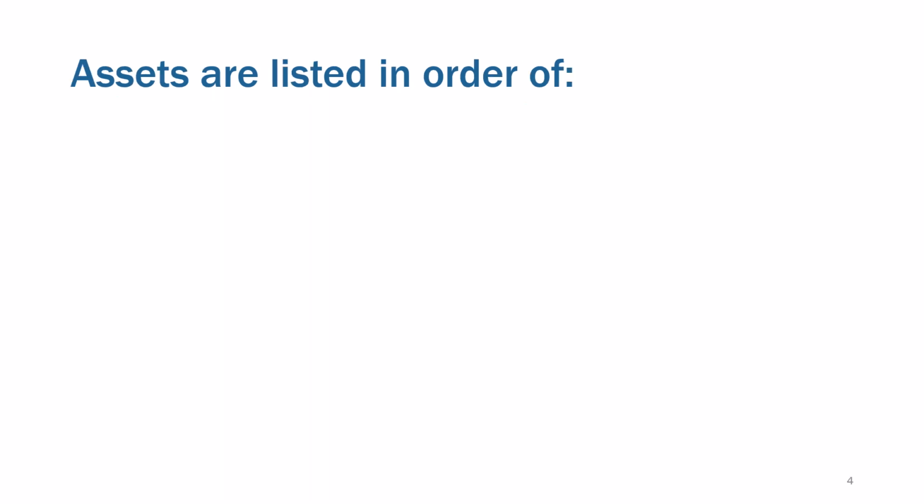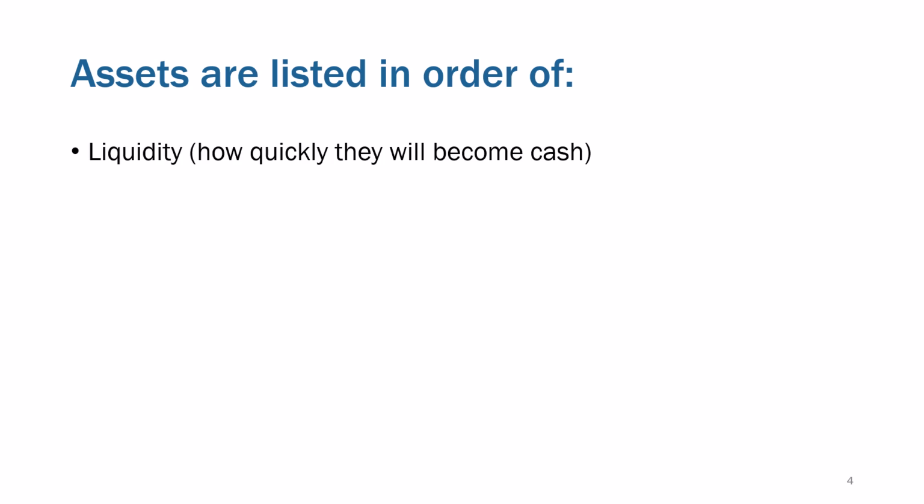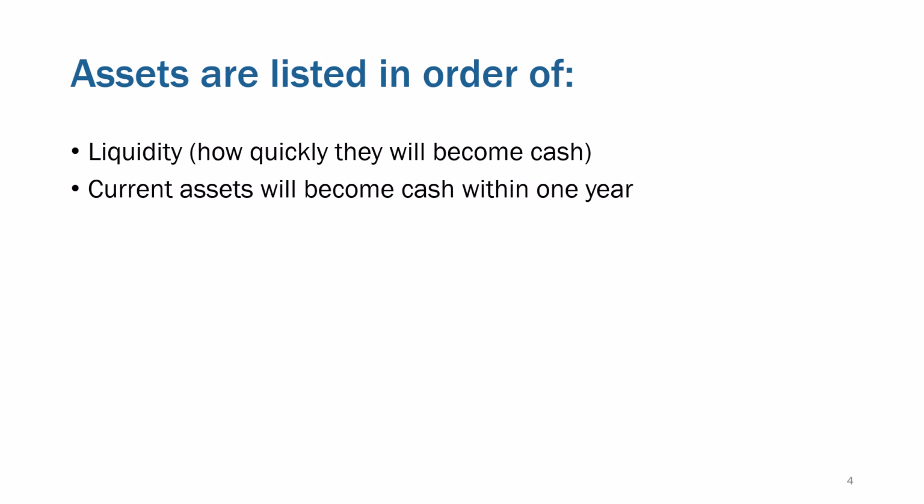So assets, how are they listed on the balance sheet? We're into lesson 2 now. What order are they listed in? It is liquidity. How quickly they will become cash. So we start with cash, maybe some short-term investments right after that, which oftentimes is investments in U.S. Treasury bills, then accounts receivable, inventories, prepaid expenses, things of that nature.